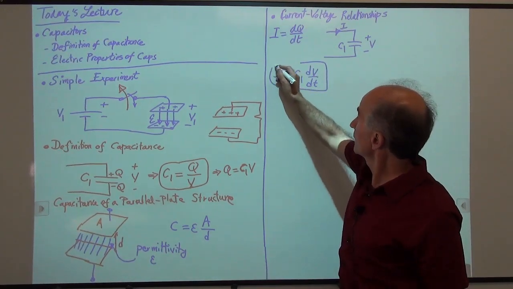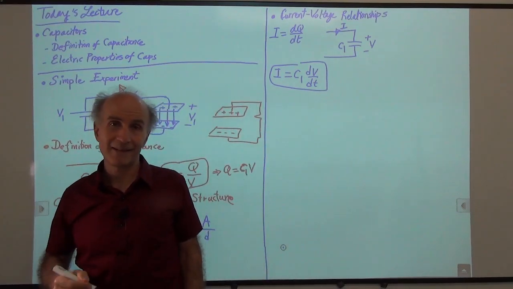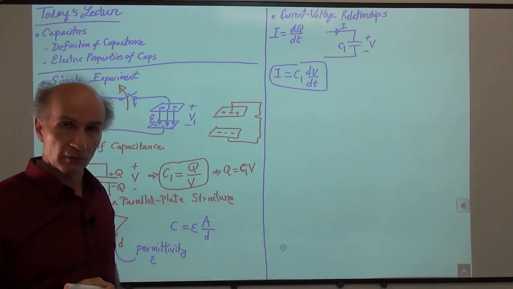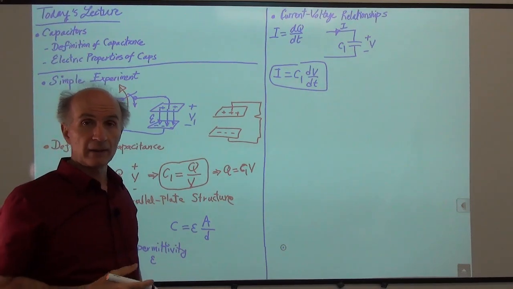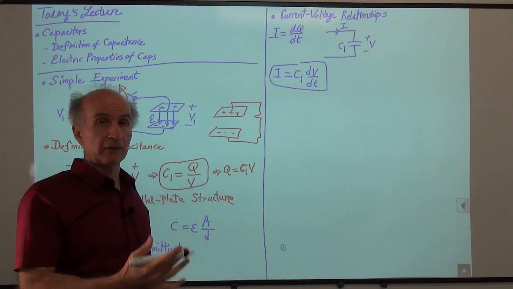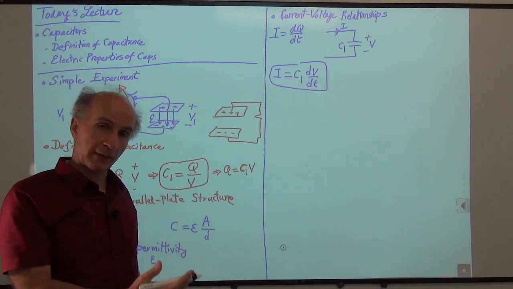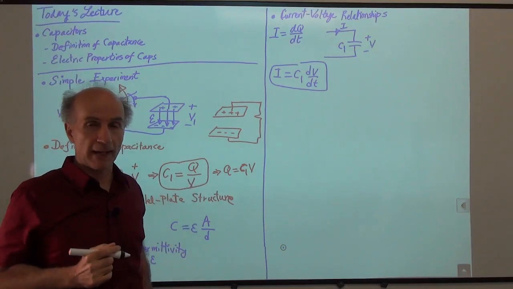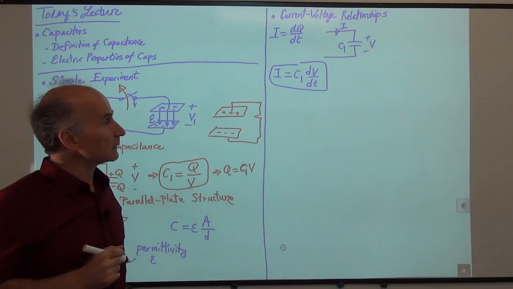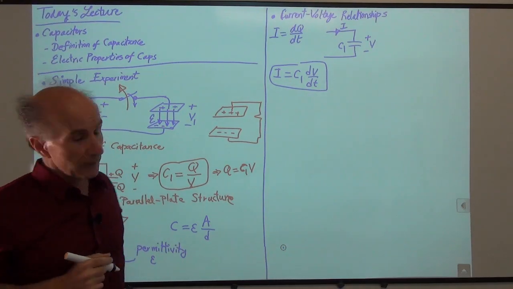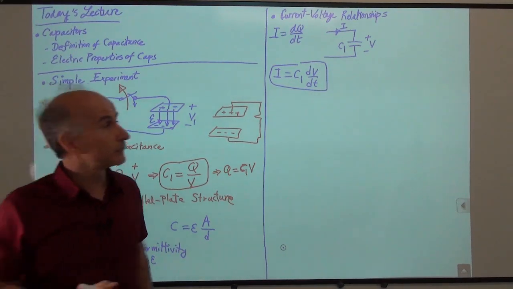So this equation tells us that the current through a capacitor is given by C dV over dt, or C1 dV over dt. That's an essential equation that comes in handy when we are analyzing circuits that contain capacitors. And as we build more and more interesting and complex circuits, of course, we have to master this equation and its manipulations.